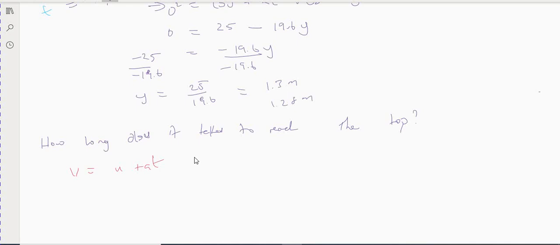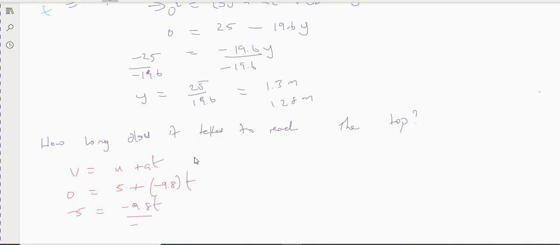Alright, when we go ahead and use that now, we know that v is going to be 0. We know initial velocity is going to be 5 meters per second plus negative 9.8 times t. Good. So with that being said, negative 5 goes on this side, leaving us with negative 9.8 t.